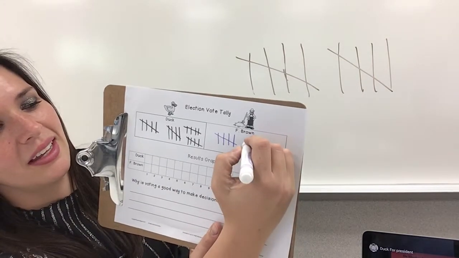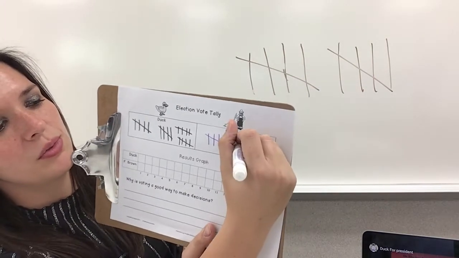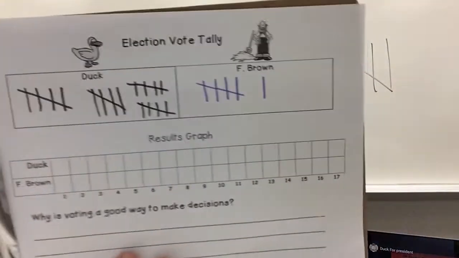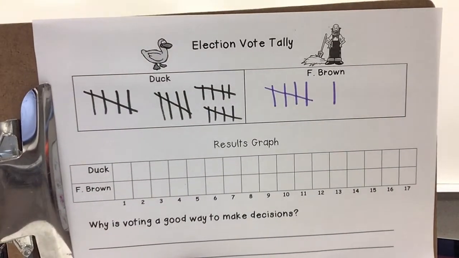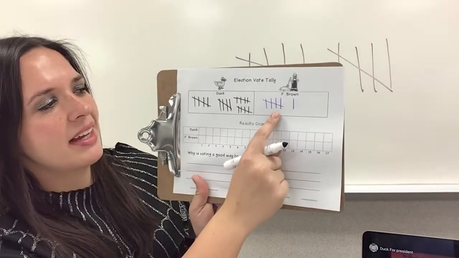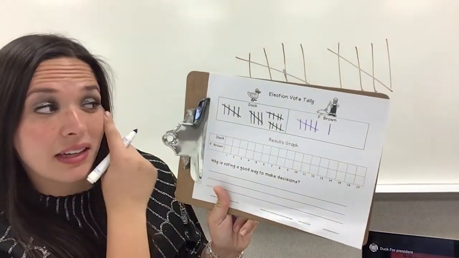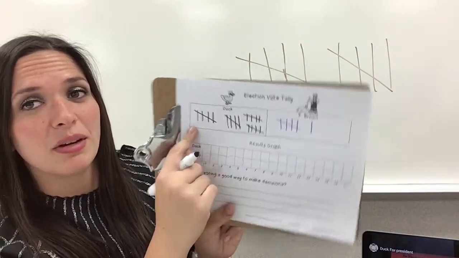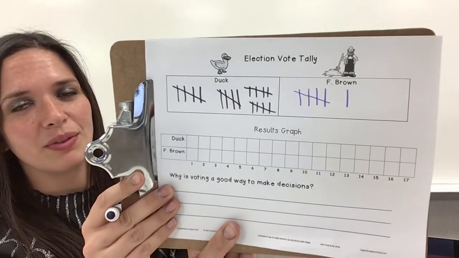And then I'm going to add, so that's 5 plus 1 more makes 6. Okay, so now he's got 5 plus 1 more makes 6. Okay, we can clearly see from all these tally marks that Duck has the most votes. He's got way more votes than Farmer Brown.